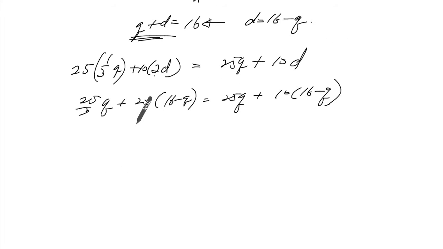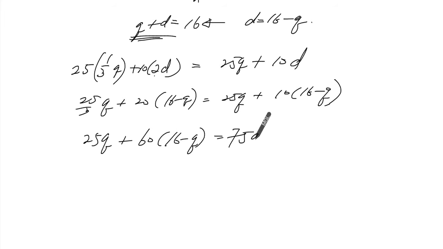Okay, so let's first get rid of those 3. Multiply everything by 3. So you have 25Q. Let's expand this now.